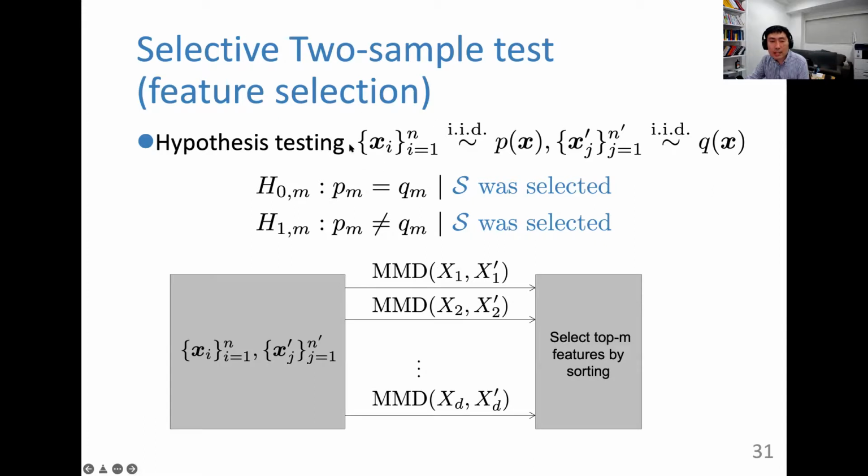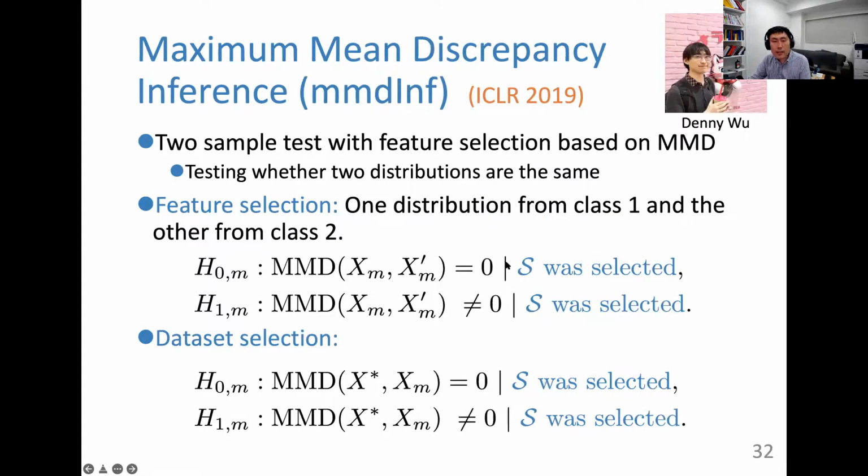We regard this as class 1, this as class 2. And then we check whether the features of class 1 are different from the features of class 2. So this is a test. And this selection is similar to what I did for the HSIC case. And then we apply the feature selection by using.